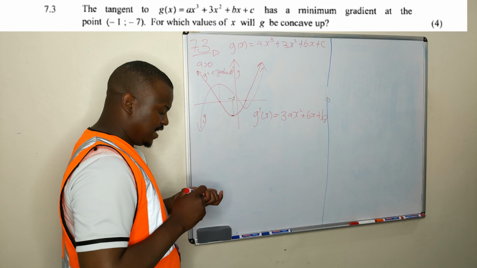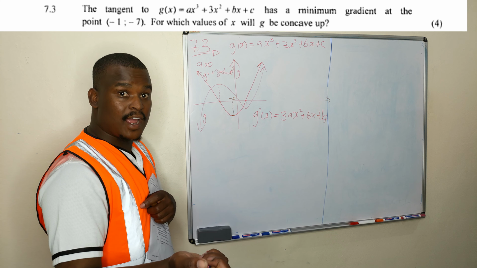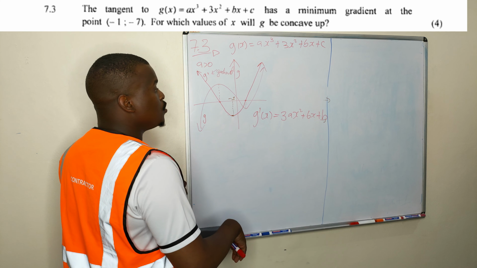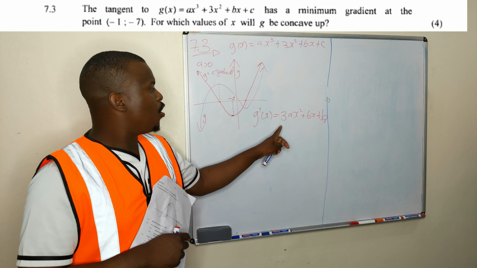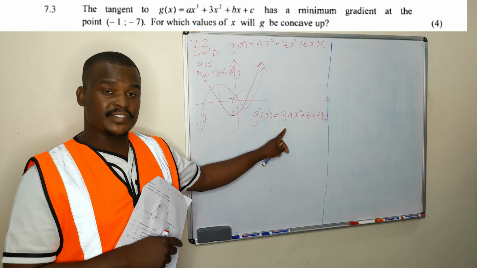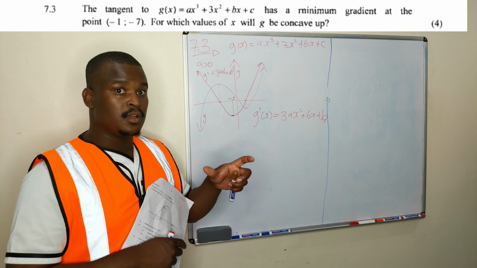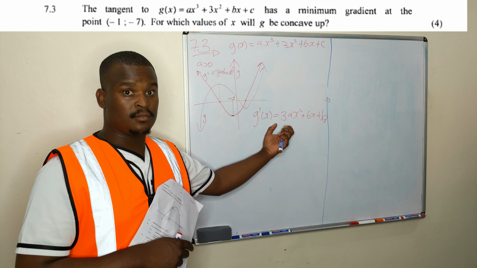And then now, if you want to optimize your gradient, you want to find the smallest gradient, right? That means you must optimize this further by deriving it, because to find the minimum or the extreme values of a function, you must derive this one further.